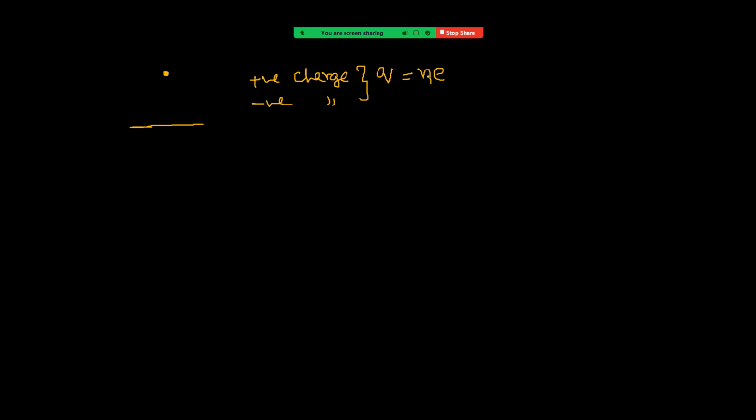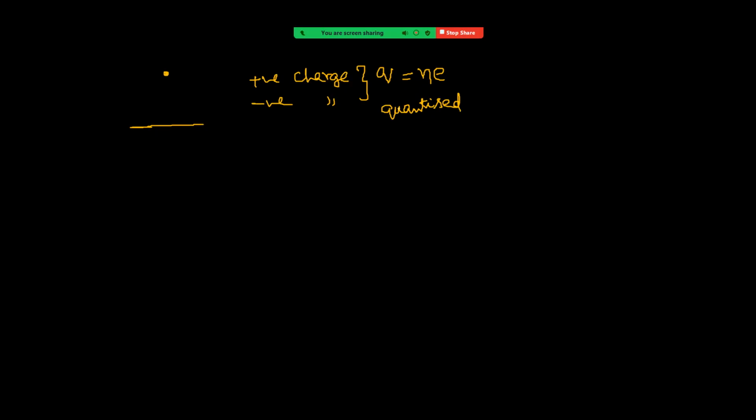If you add electrons, q is negative and n is negative. If you remove electrons, q is positive and n is positive. This property is called quantization of charge. Charge is quantized means the charge of any body is an integer multiple of the charge of an electron.